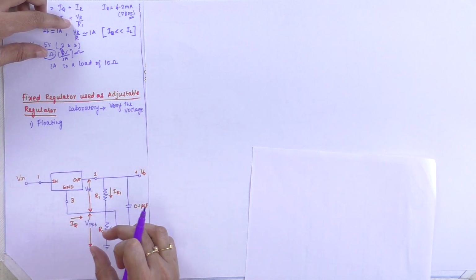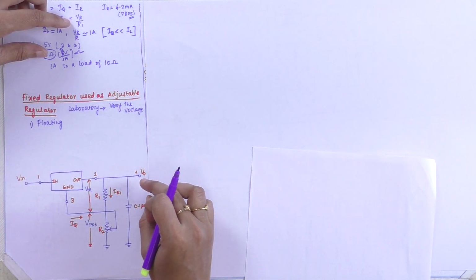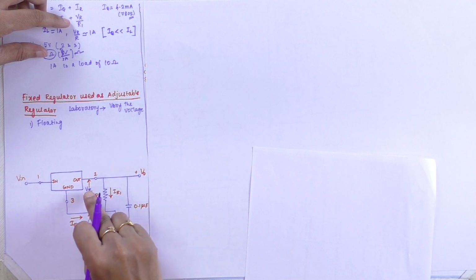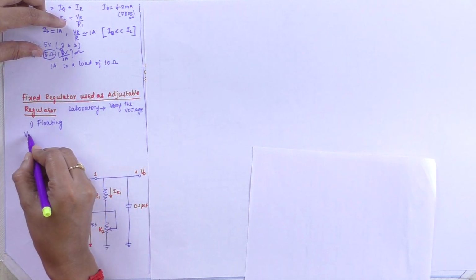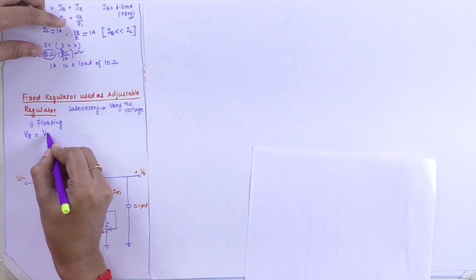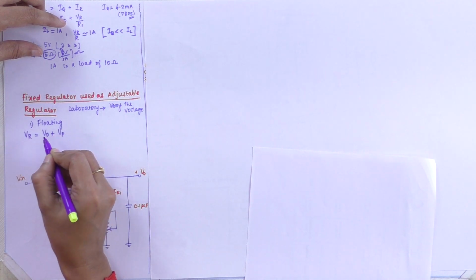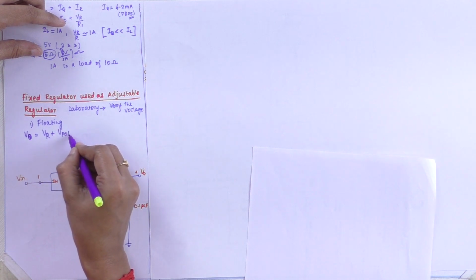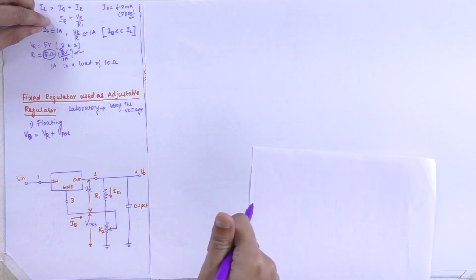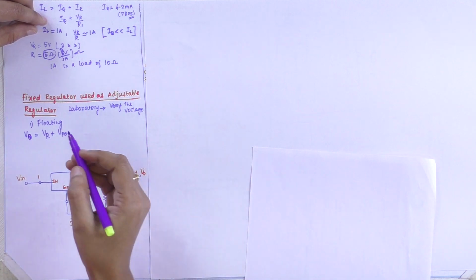Here I am going to take the voltage. The output voltage V0 is the sum of VR and V potentiometer. So V0 is VR plus V pot. A potentiometer is used to adjust the voltages.